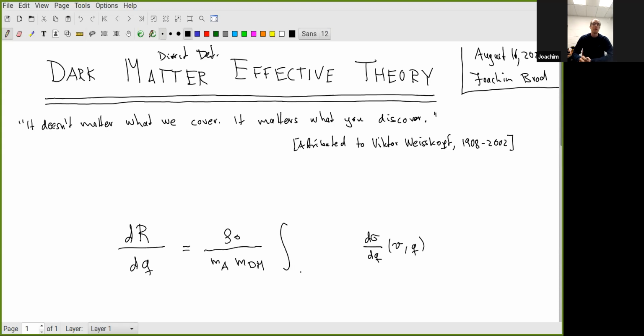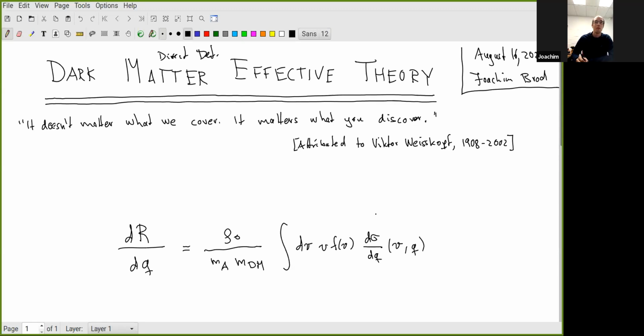Then, because the dark matter energy or momentum distribution is essentially given by the velocity distribution of the dark matter in the galactic halo, we need to convolute with the velocity distribution. So this is a factor v f(v), and then we integrate over v. And f(v), again, let's just regard it as an input. You can use a naive Maxwell velocity distribution or something more sophisticated.